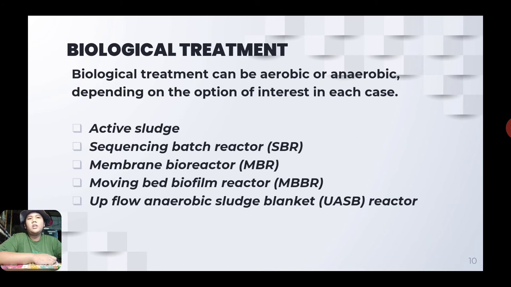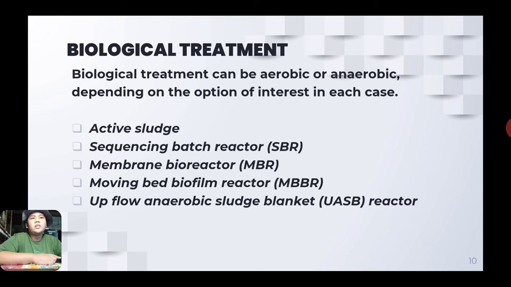The methods concerning biological treatment are activated sludge. Biomass in suspension is an economical and efficient process if space is available. Sequencing batch reactor, a compact and discontinuous process notable for its versatility and flexibility. Membrane bioreactor.